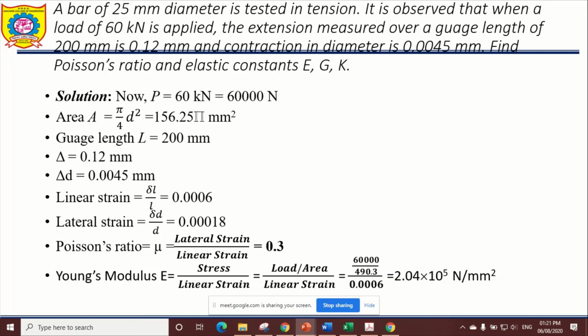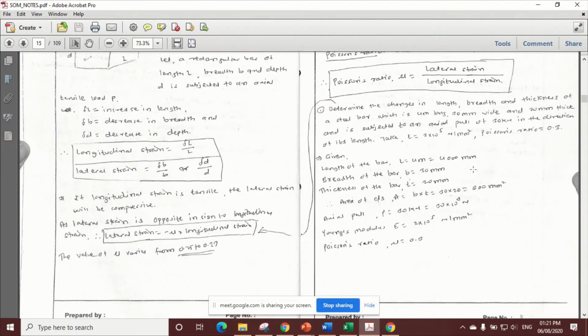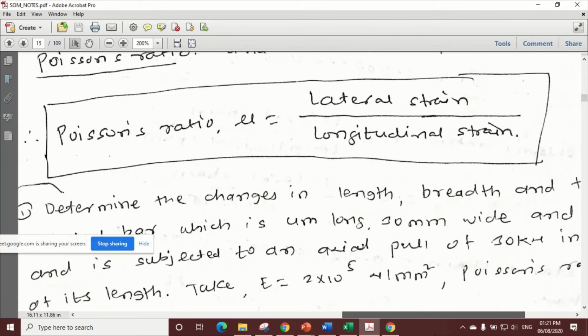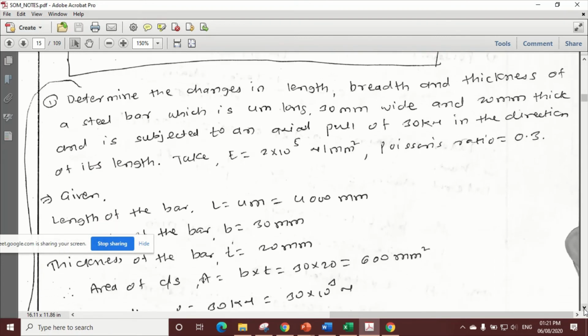So is there any problem in this numerical? So next is so we will solve this numerical.